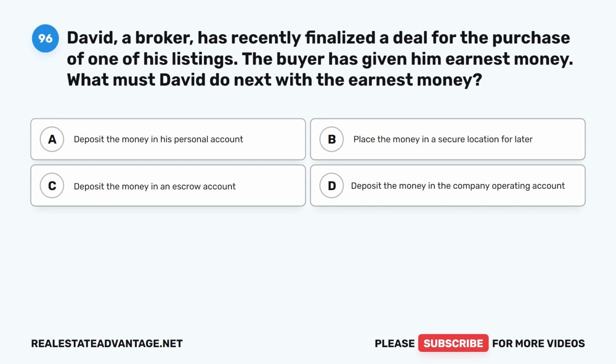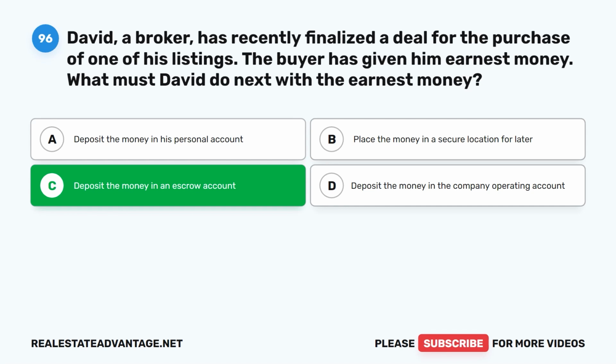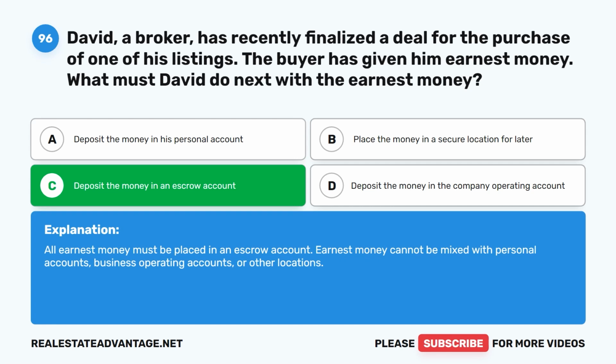C. Deposit the money in an escrow account. D. Deposit the money in the company operating account. The correct answer is C. Deposit the money in an escrow account. All earnest money must be placed in an escrow account. Earnest money cannot be mixed with personal accounts, business operating accounts, or other locations.